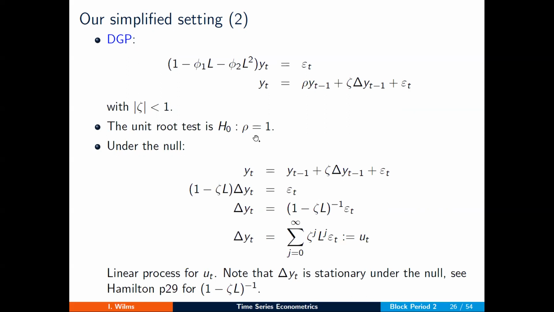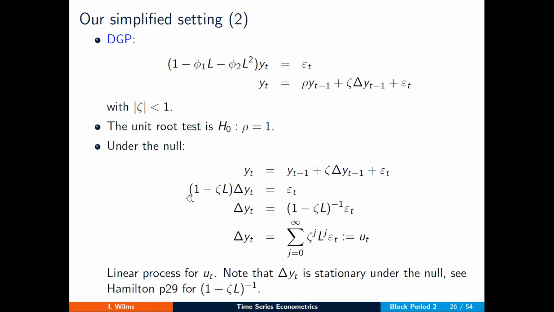Now, under the null, we have a unit root, so rho is equal to 1, and we can simplify the expression over here. So we start from the DGP, under the null, rho is equal to 1, which becomes this. Now, if we bring the lagged y to the other side, we have the difference of y_t. And if we also bring that term to the other side, we have the lagged value of the difference, which is nothing more than this.